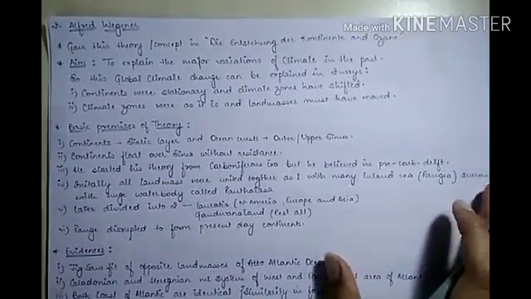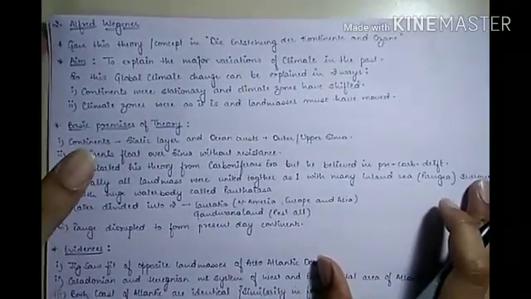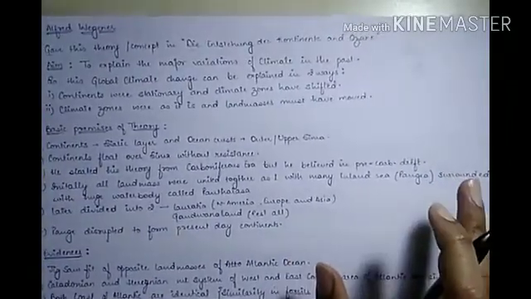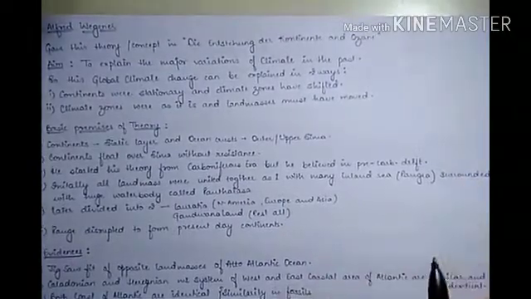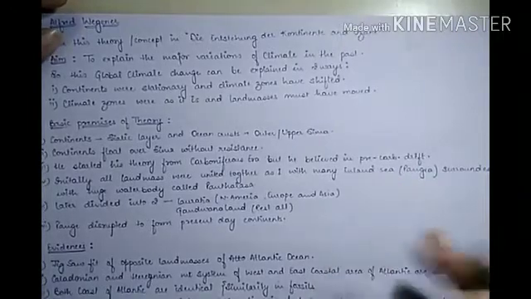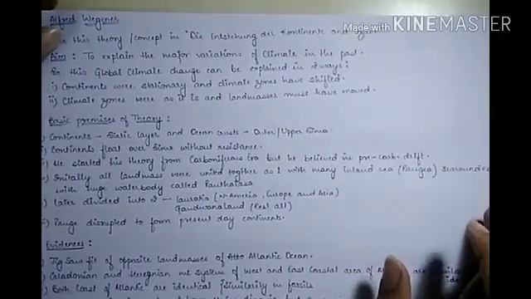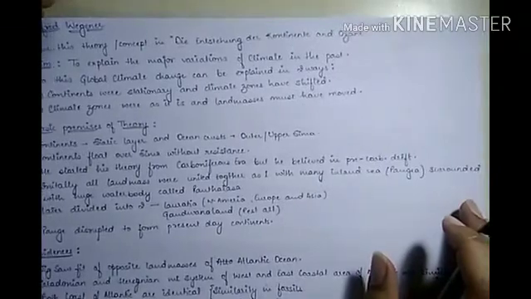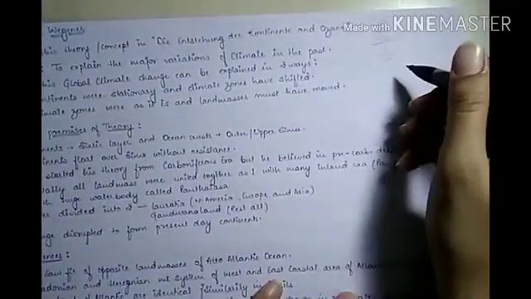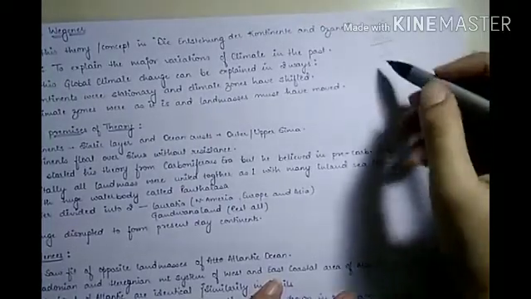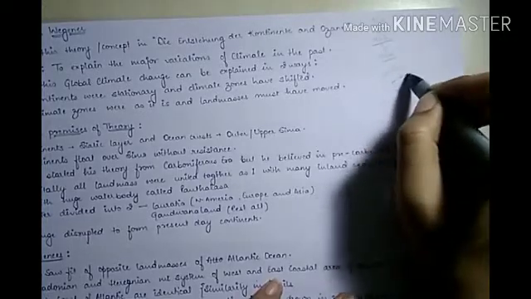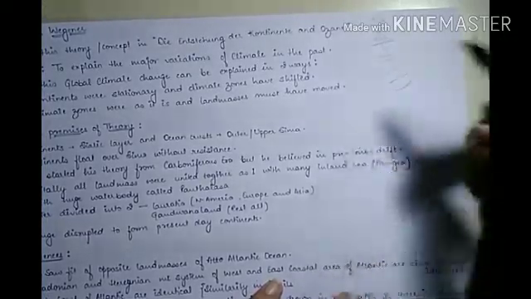Actually, what happened was Wegener was working with various scientists like geologists, climatologists, planetologists, geophysicists, etc. And he found that there are ample evidences that the climate of areas has changed throughout the past history of the earth.